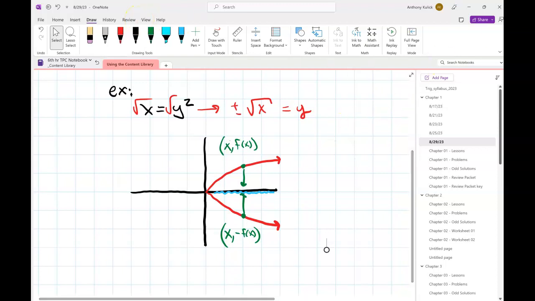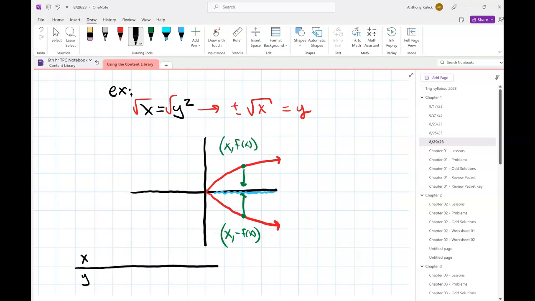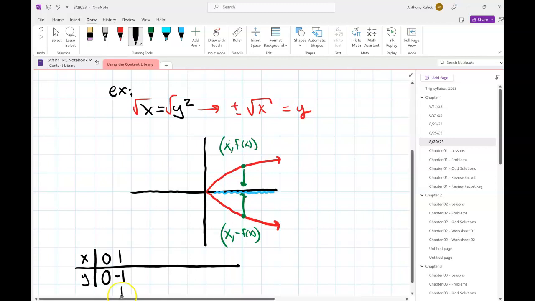So the table that we might see: let's say we have 0 and 0, but for x equals 1, we'd have negative 1 and positive 1 as y's, right? If x was 4, we'd have negative 2 and positive 2 for y's.